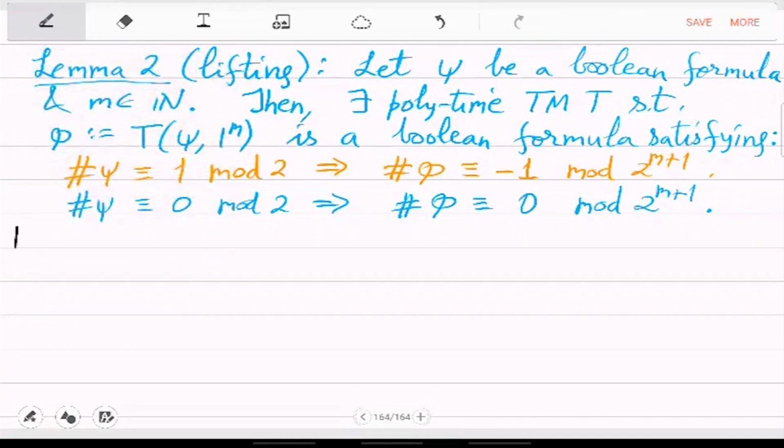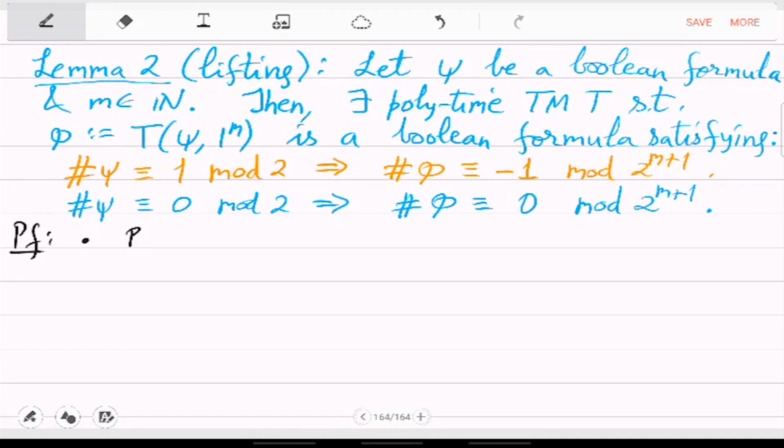Okay, let's do the proof of this first. And the proof will then almost directly give you Toda's theorem. So the proof is, as always, inductive, and induction will be on m. Okay, so first you have to learn how to go from mod 2 to mod 4. That's the point.